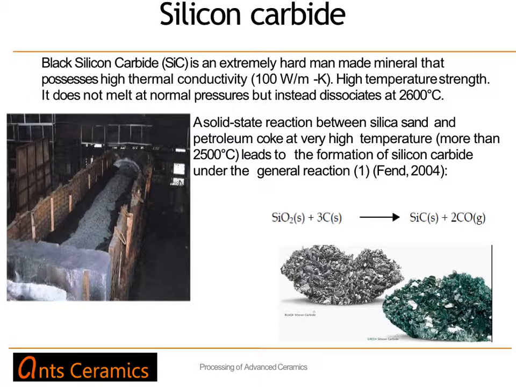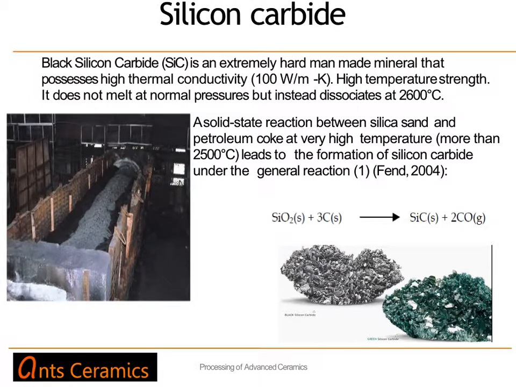Black silicon carbide is an extremely hard man-made material that possesses very high thermal conductivity and very high temperature strength. It doesn't melt at normal temperature, but instead it generally dissociates at 2600 degrees centigrade. So the typical silicon carbide characteristics are very low density, high strength, good wear resistance, and high temperature strength, especially for reaction bonded silicon carbide.